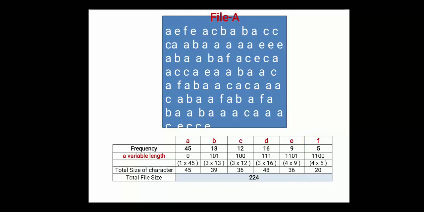So you must focus on this: if the frequency of a character is high, then the number of bits to represent that character should be less, so that we can reduce the size of the file as much as possible. This is very important, and the same concept we will use in Huffman coding.